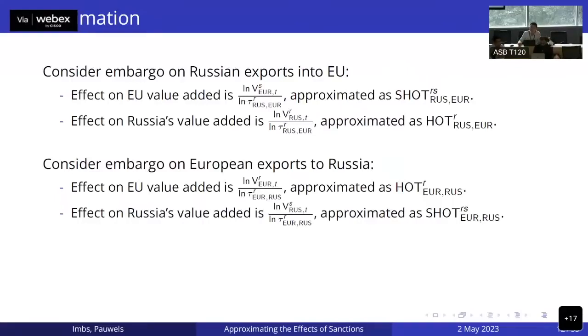In this paper, we do a first order approximation. In your work, how good is it at approximating different elasticities of substitution across sectors and across countries? And when we think about an embargo, I think it is a pretty large deviation from the steady state, right? Could you discuss a bit on this?